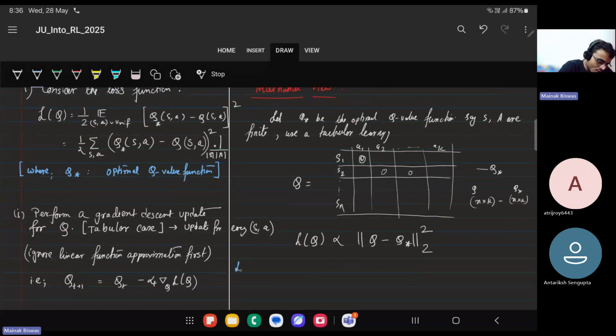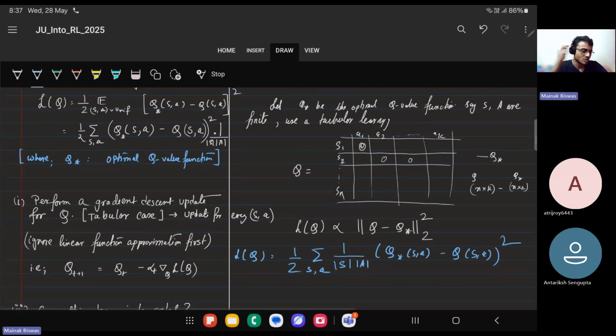So let's define L of Q as the summation over states and actions of one half times Q star of S comma A minus Q of S comma A, whole square. I have a half here for normalization.